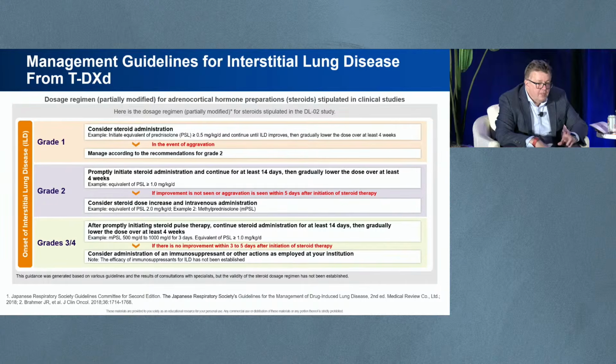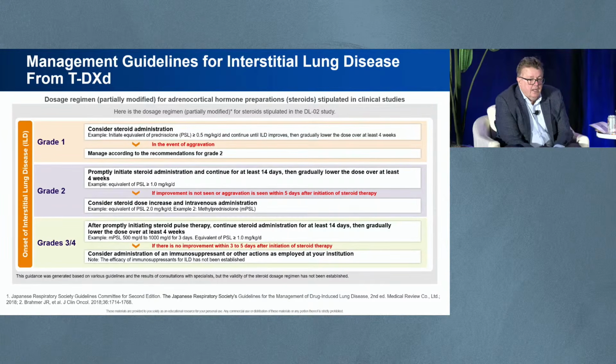This is the only grade of pneumonitis where you could potentially retreat the patient with trastuzumab deruxtecan, and there's a publication looking at how frequently patients can be retreated. Some of the patients can redevelop pneumonitis, but others can be continued on therapy.